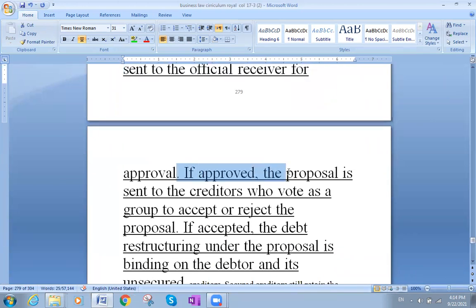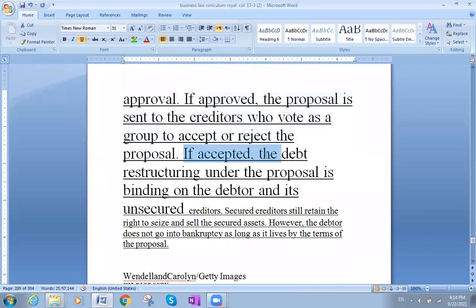If approved, the proposal is sent to the creditors, who vote as a group to accept or reject it.